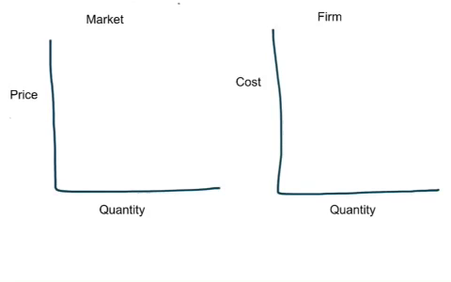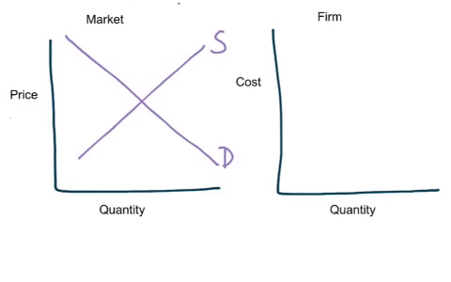In perfect competition, the market looks just like it does in every other market, the way that we studied it last year. You're going to have an equilibrium price and an equilibrium quantity that is reached.